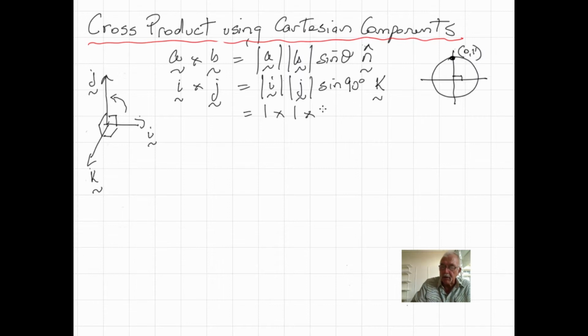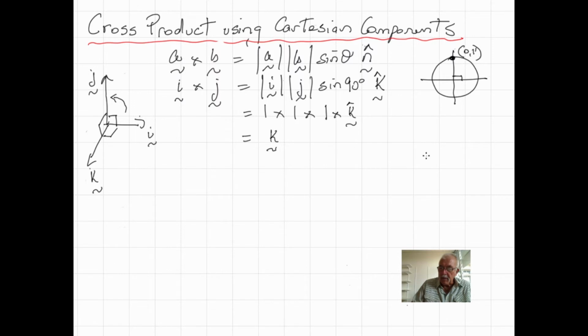The y coordinate here is 1, so that'll be times 1 times unit vector k. And 1 times 1 times 1 is 1, so we just get vector k. Okay, so i cross with j gives us k.